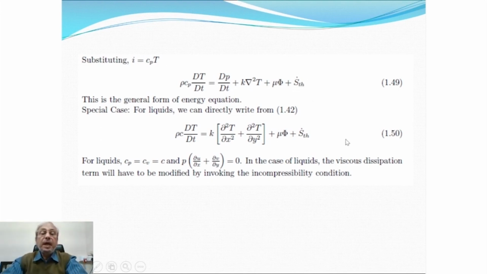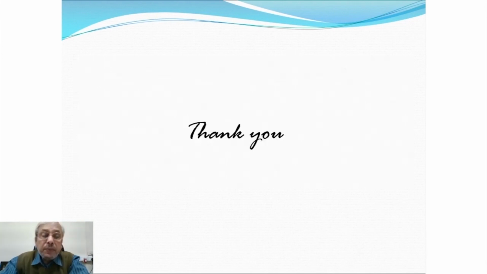So we have derived the energy equation for gases and liquids, for compressible and incompressible flows, and now we will apply them depending on the situation, the flow configuration, and the flow condition, whether it is compressible or incompressible flow. We will stop here today.